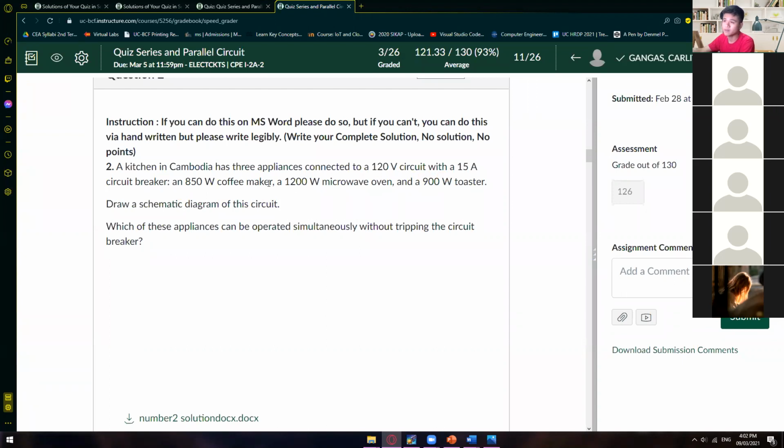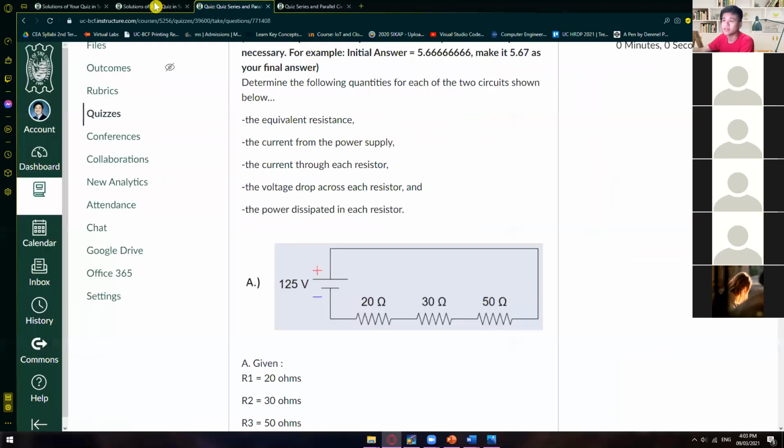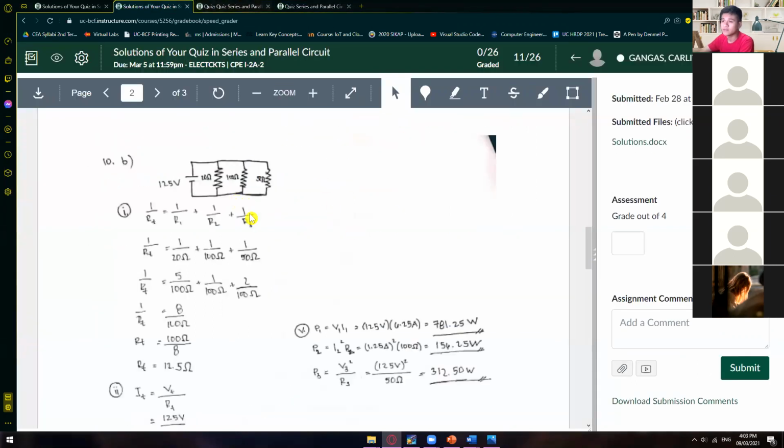So an 851 coffee maker and a 1200 watts microwave oven and a 900 watts toaster. Okay, so right here, draw a schematic diagram of this circuit. So which of these appliances can be operated simultaneously without tripping the circuit breaker? Okay, so the correct circuit diagram of this one is this one.